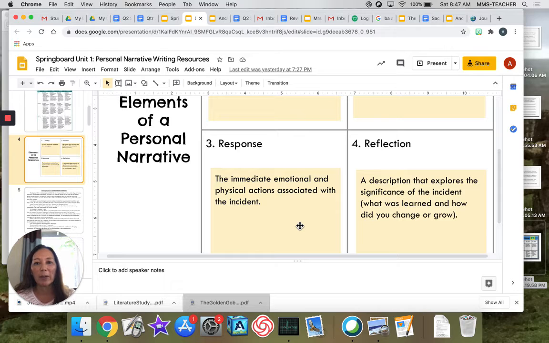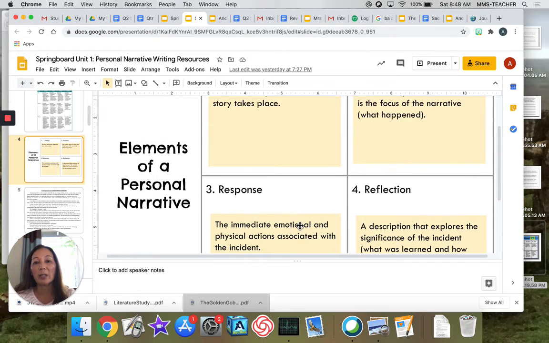A personal narrative is kind of like a snapshot. Like if you took a picture of an incident, it would be just to describe that brief, specific incident or that brief moment in time.